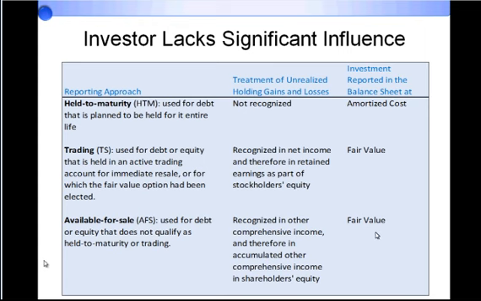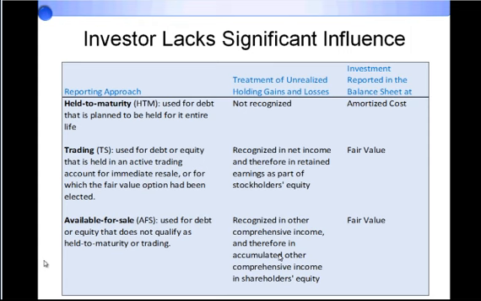Now, the treatment, it's still going to be reported at fair value in the balance sheet, but here we're not going to record it directly into net income itself. Instead, we're going to put this in something called Other Comprehensive Income, OCI. That's on the income statement, part of the comprehensive income, after your core income statement. There are a few different things that go in there, and this is one of them.